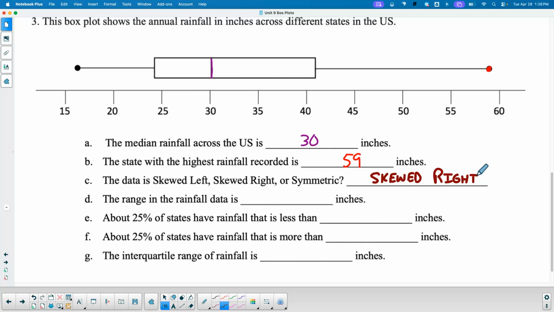Range. What are we thinking the minimum's at? 16? Okay. So if we got 59 and 16, 43.